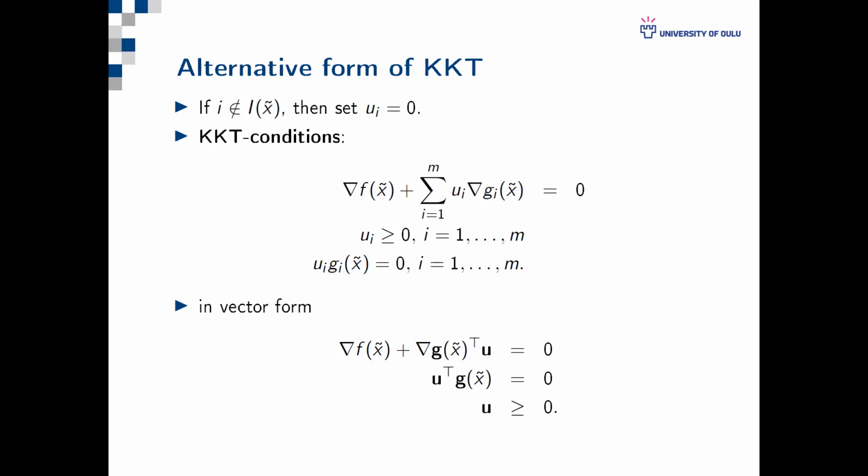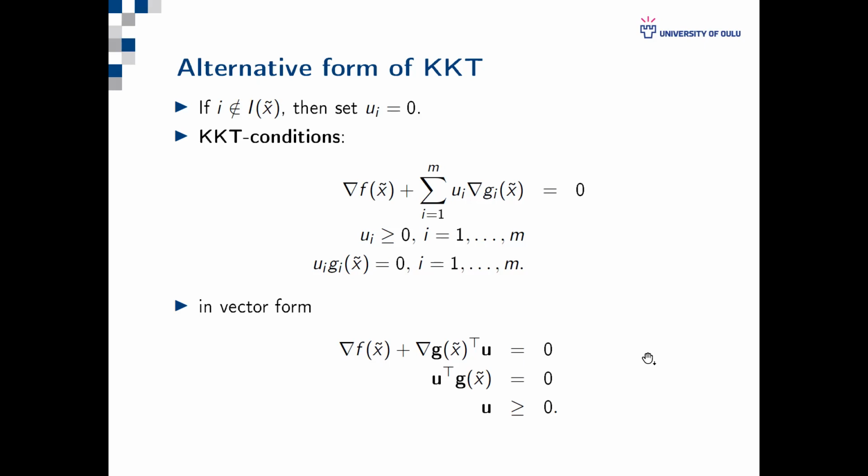This is just a vector short form of writing the same thing here. And this is the way to find the minimum point. So now we have some kind of an algebraic system to compute the candidates for the minimum point.